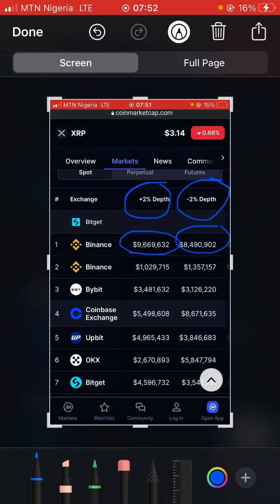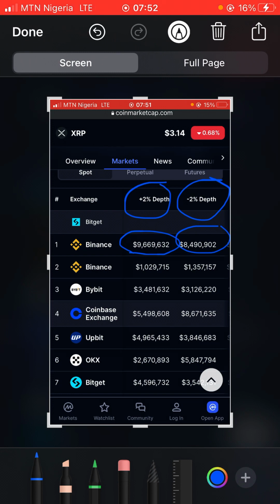So on Binance, it's likely going to drop in price to grab those because the buyers are more. Do you understand? In this case, you are likely going to set your own buy limit order at minus 2%. I'll show you how to do the calculation.